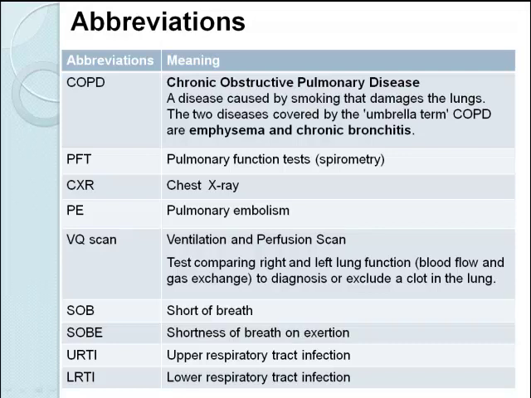PFT is the term for pulmonary function tests, or spirometry, measuring the breathing. CXR will be a chest x-ray. PE is our pulmonary embolism, and the embolism was the travelling clot that landed in the lungs. If you have a pulmonary embolism, you will probably be sent for a VQ scan, just to check.